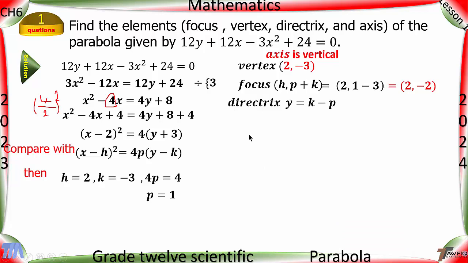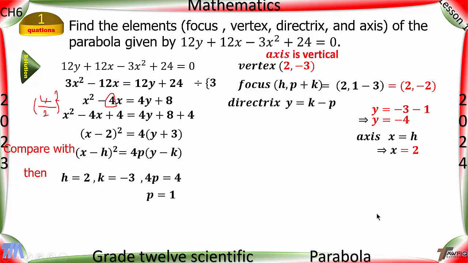And the directrix is y equals k minus p, so y equals minus 3 minus 1, so y equals minus 4. The axis is x equals h, because h is 2, so x equals 2.